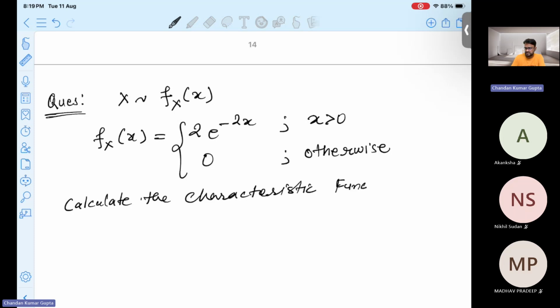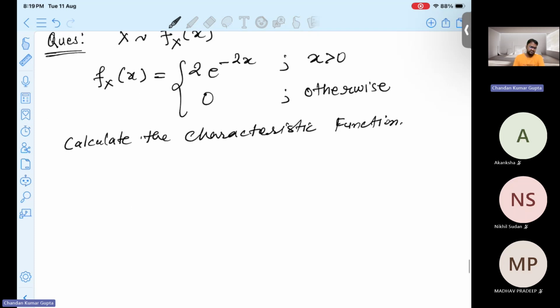Calculate the characteristic function. Again we know psi X(t) or phi X(t), whichever you would like to write.